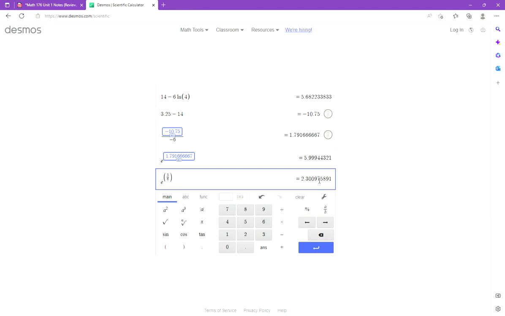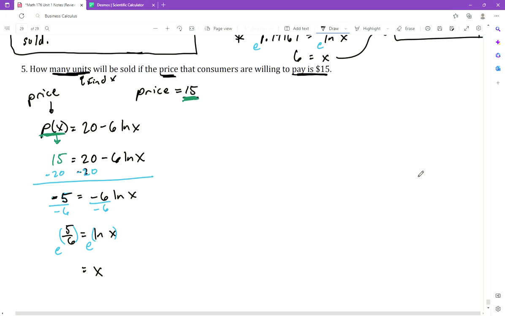Okay, and we get 2.3. We'll round to the nearest tenth. So we've got 2.3. Let's make sure we answer it the official way because it's a word problem. It says, how many units will be sold if the price that consumers are willing to pay is $15? 2.3 million.